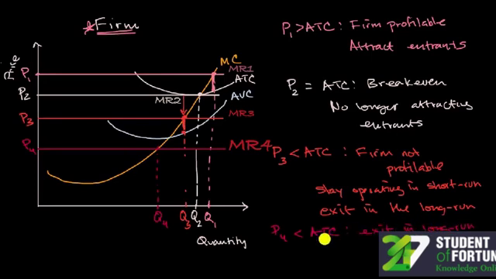But you wouldn't even wait for that long, wait to sell your factories. Because P sub 4 is less than your average variable cost, you would also just shut down in the short run.